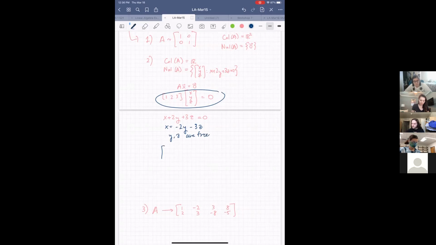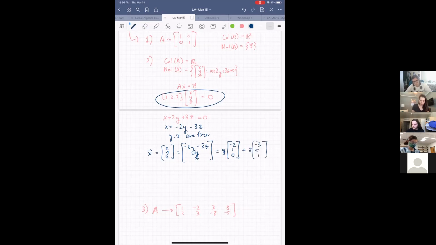If we want to write this in parametric vector form, our solution will be x, y, z. I'm reusing x, unfortunately, but that's fine. We just replace x with our formula from here, and then we have y and z, and we can split this into two vectors, one corresponding to the y's, so -2, 1, 0, and one corresponding to the z's, so -3, 0, 1, right?